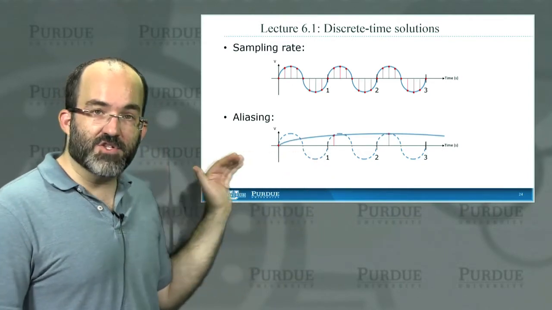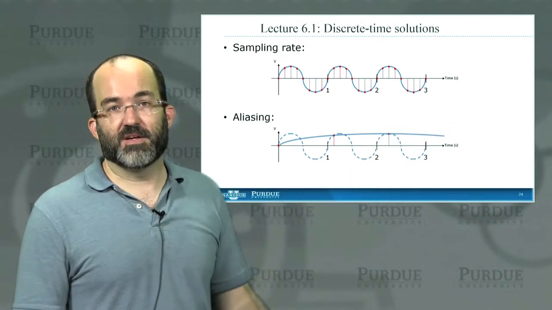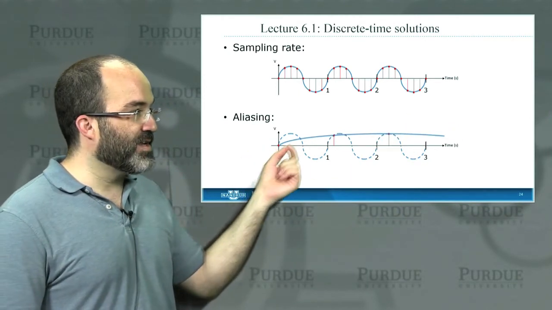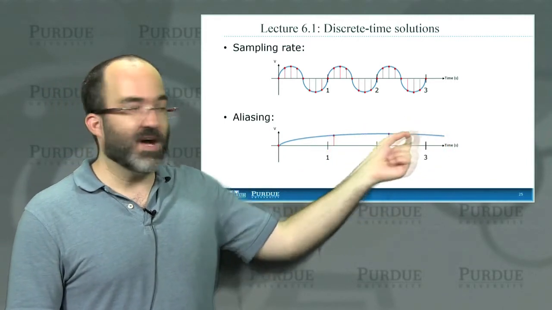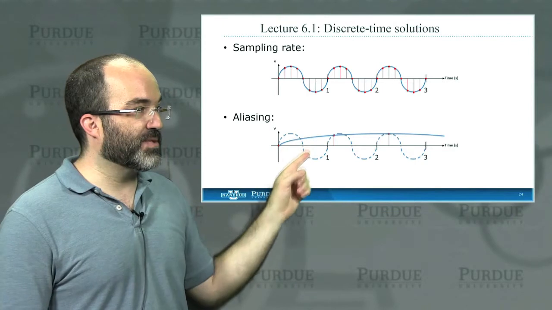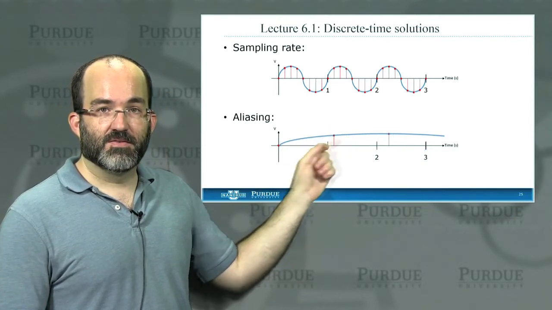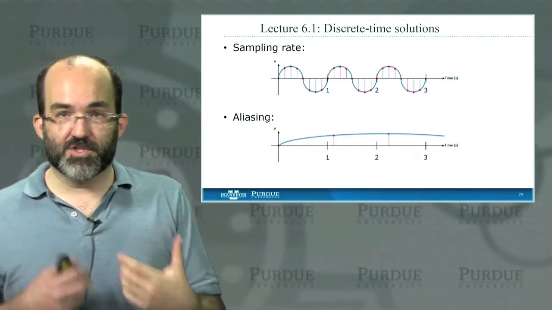If we were to then reconstruct the signal based on our samples, we would think that we were sampling a very slow sine wave. Right? So our idea of what it is that we're actually looking at is this very slow sine wave. We would not think that we were actually taking samples of this high frequency sine wave. We would instead think we had this slow frequency sine wave, and so our equation would solve.